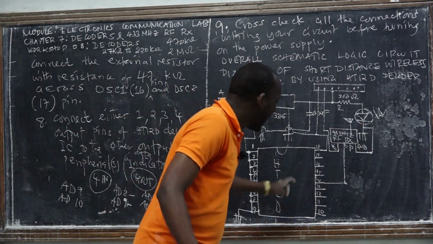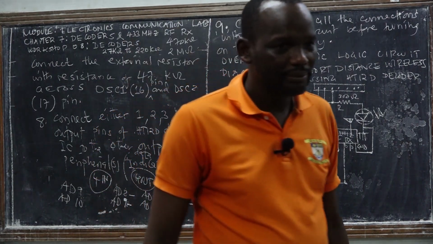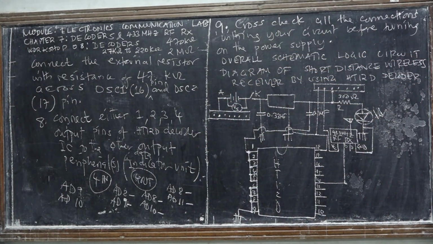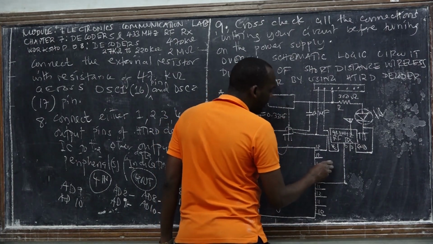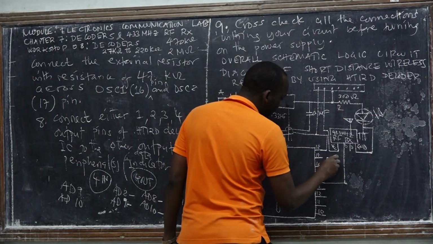No, I don't want that. The next step, step number 8. Connect what? A resistor of 47.